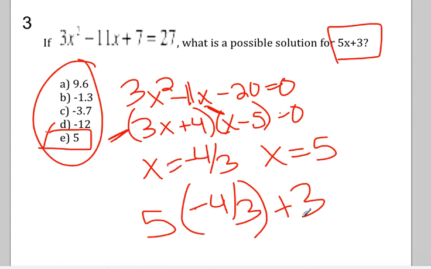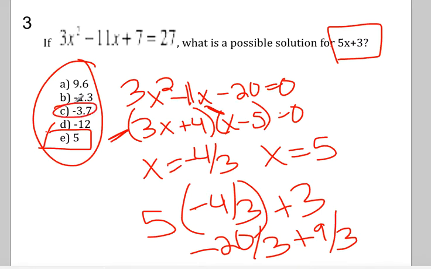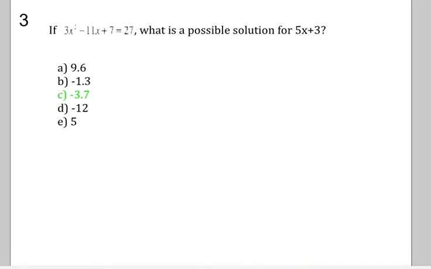So negative 20 thirds plus 9 thirds would give you negative 11 thirds. If you look at your answers, negative 11 thirds is the same thing as negative 3 and 2 thirds, which is like negative 3.66 repeating. So you're going to get an answer of C, which is negative 3.7.